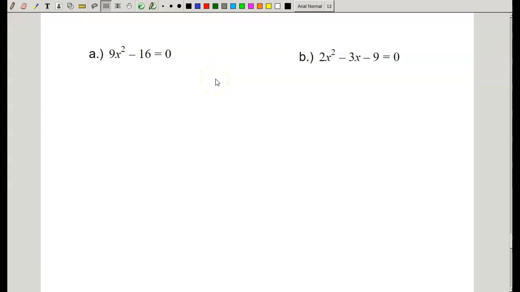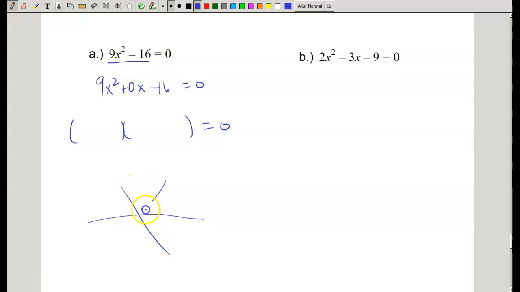Okay, so for part A, you have to factor this. That is a difference of 2 squares if you noticed. You didn't have to do it like that, but we would have 9x squared plus 0x minus 16, and we would factor that. We could use the snowflake method, where this is 9 and 9.